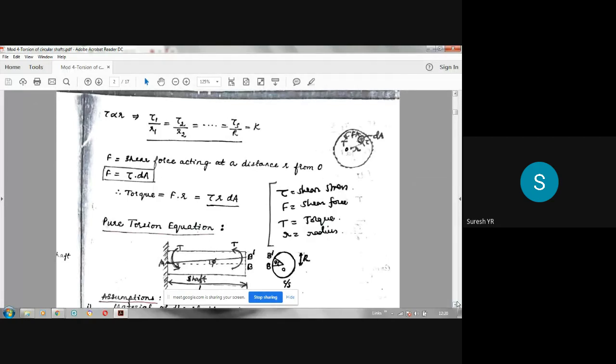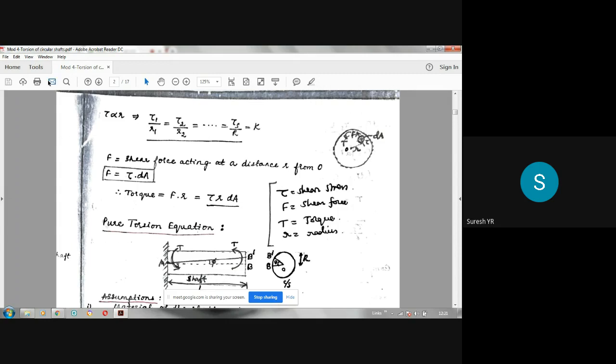According to that, we can write tau 1 is equal to k into r1, tau 2 is equal to k into r2. If you take k outside, k will be equal to tau 1 by r1, tau 2 by r2, tau 3 by r3, like that, and finally tau s by rs, where tau s is the maximum shear stress. So tau s means maximum shear stress that is occurring at the boundary of the shaft.